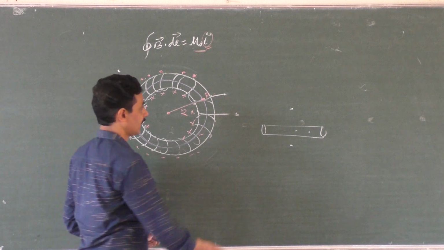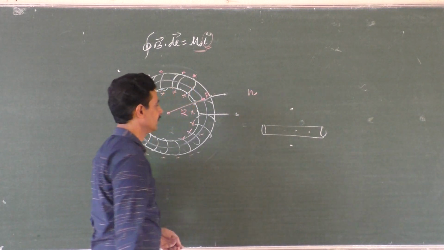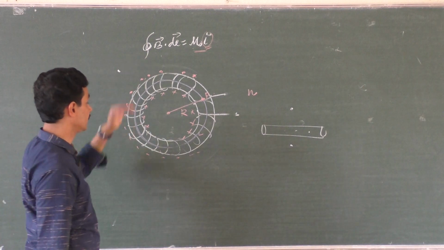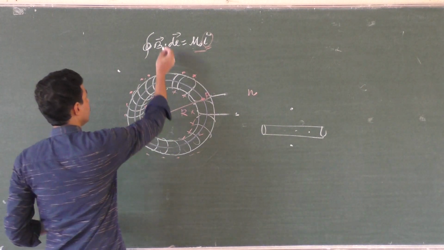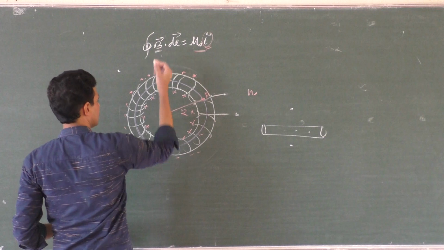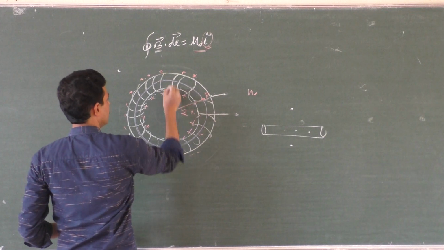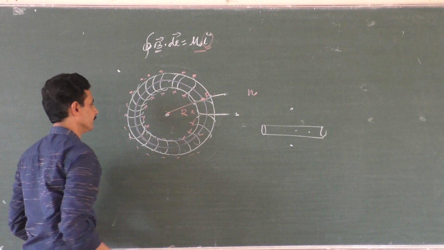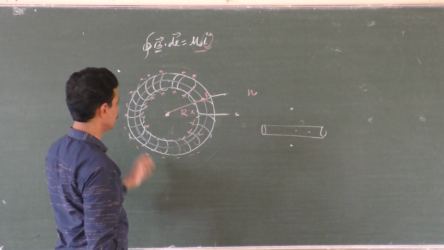So if n is the number of turns per unit length, then how do you write the Amperean loop? This closed integral of B dot dl. B is a constant because B here, B here, B here should be the same, as they are at equal distances from the center. Magnetic field at all the points should be almost uniform.